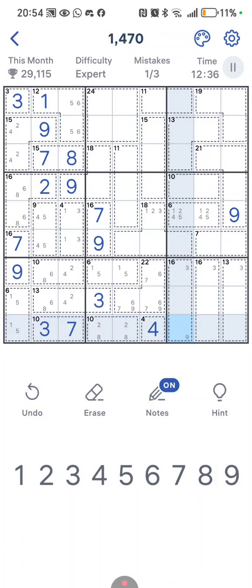So it has to be in here and here. What's left out here? 1, 2, 5, and 9. So that can be 1, 2, and 5. No, it's not 2. 2's there.